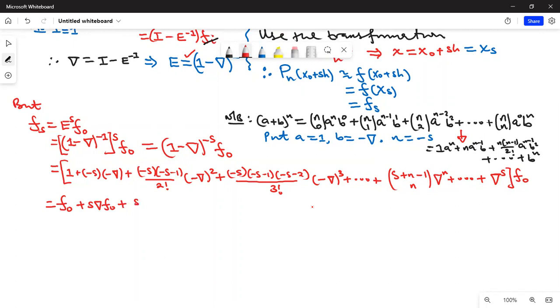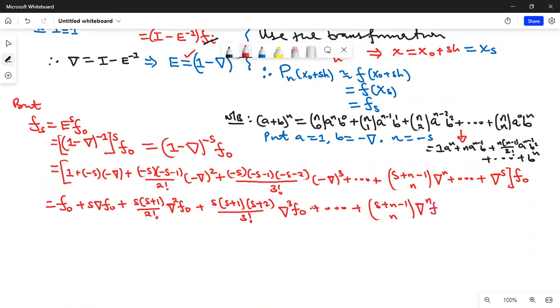Here we'll have plus s plus 1 over 2 factorial delta squared f naught plus s plus 1, s plus 2 over 3 factorial delta cubed f naught plus so many other terms plus s plus n minus 1 combination n, delta raised to n operating on f naught, plus so many other terms up to delta raised to s operating on f naught. So that's what we have.